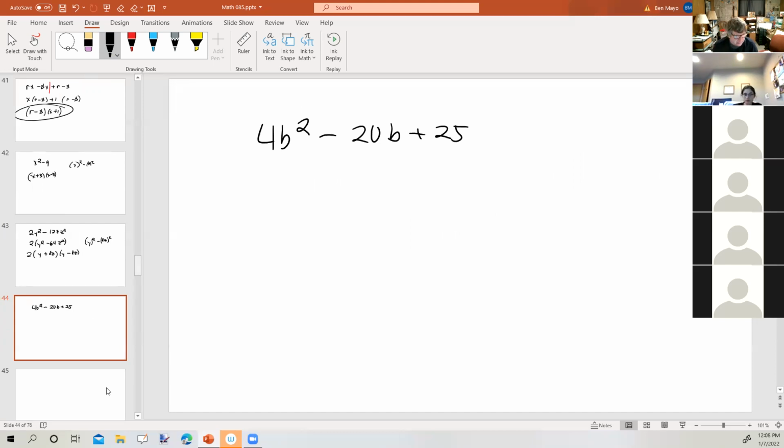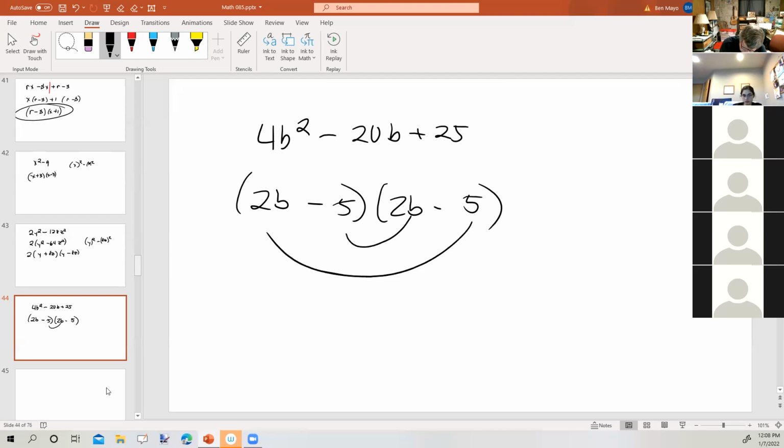Oh, but the leading coefficient is a square, isn't it? 4b squared would be 2b, the quantity squared. And 25 is a square, and there's a plus sign in front of it. So, oh, but the middle term's negative, so we'd have to have 2 negatives. Does that give me minus 20b in the middle? Sure does. So it's that, or you could write it like this.